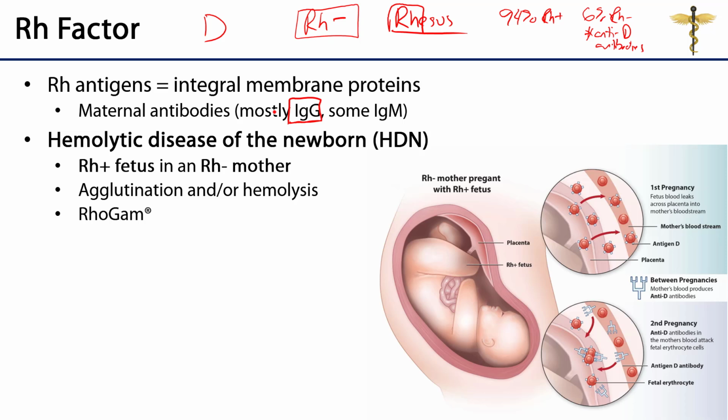IgG is probably the largest class of immunoglobulins, and it's the only antibody that's capable of crossing the placenta. That's going to have a couple of important ramifications.